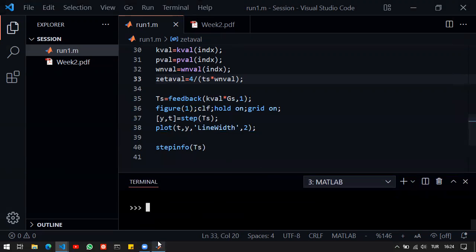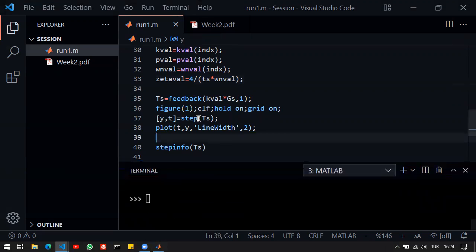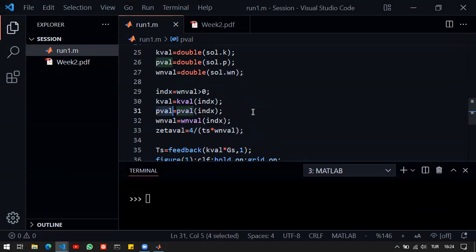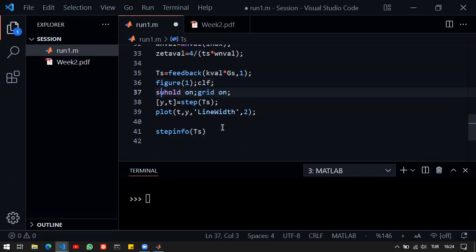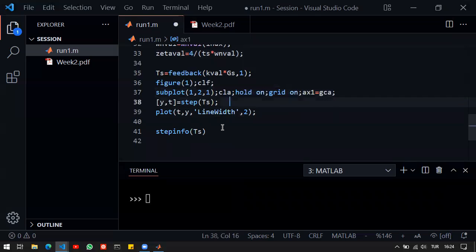Now, interestingly enough, this p-val here is at 11 and my poles look like the following. Let me go ahead and do the following. Let me create a subplot here to have a side-by-side view. And let's call it this one here and the next one.